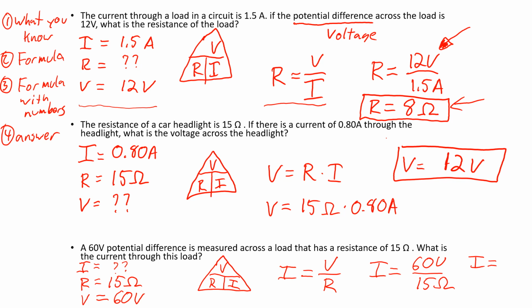I'm running out of room here, and then I do my answer. Make sure your answer has the proper units. Okay? So what I would like you to do now is work on that Ohm's Law worksheet to get a little bit of practice on these calculations.